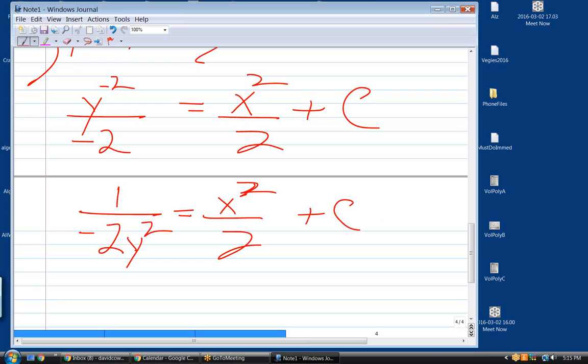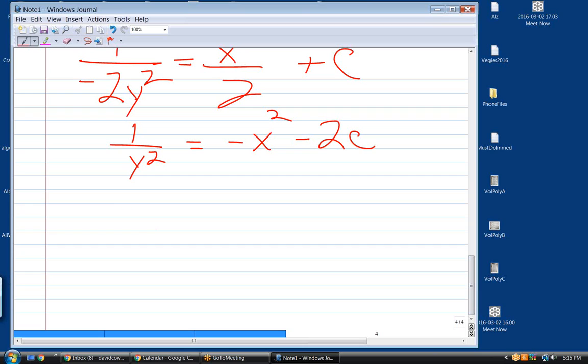Now let's start out by multiplying everything by negative 2. So we get 1 over y squared equals negative x squared minus 2c.